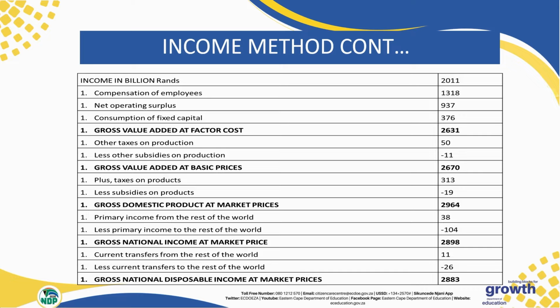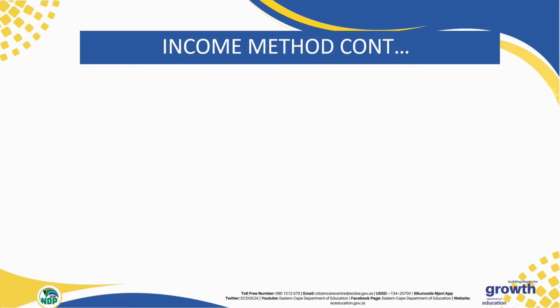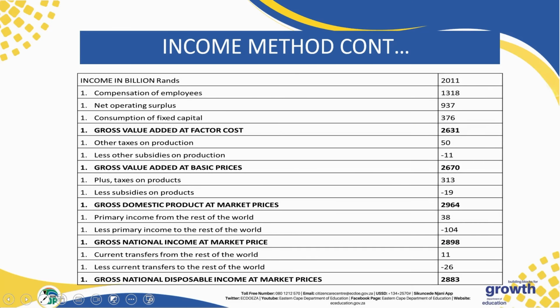So the first line, we are having the compensation of employees. So if we talk about the compensation of employees, it includes all the salaries and wages before the deductions have been made. And then we talk about the taxes that are used as deductions for wages and salaries.